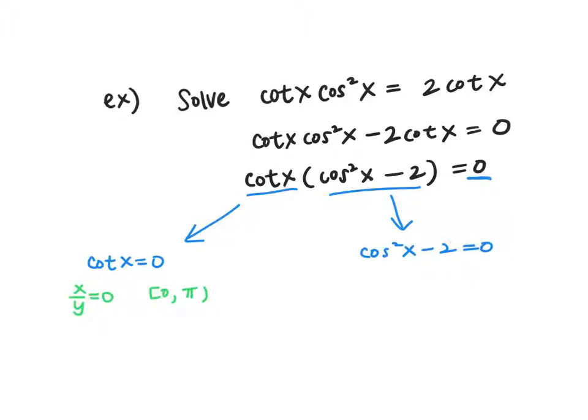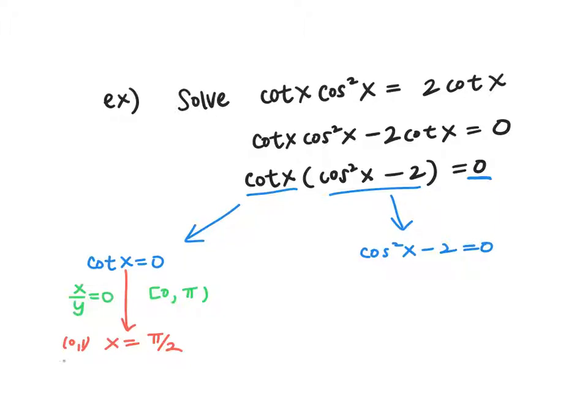For cotangent of x equaling 0, cotangent is going to be your x over y, since tangent is y over x. You look from 0 to pi, because for cotangent and tangent you always look from 0 to pi to see where you would get 0. That happens at the angle pi over 2, because at pi over 2 you get (0, 1).